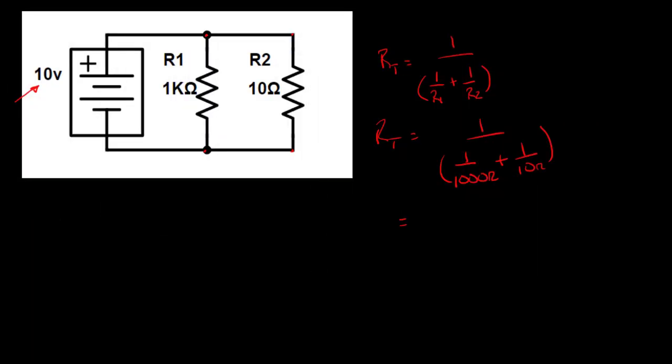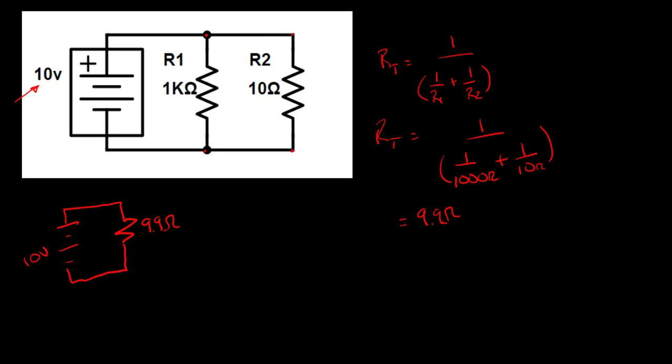Let me record that, 9.9 ohms. I can check that pretty easily through another method. So this is my RT. What that means is I could draw this as an equivalent circuit, and it would be represented by this symbology here, 9.9 ohms and 10 volts.